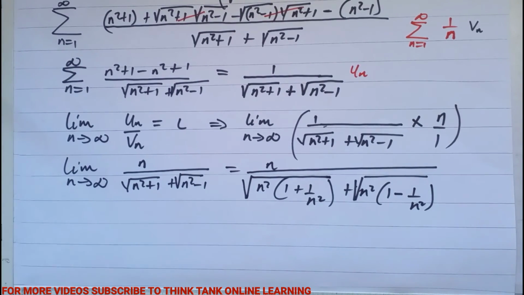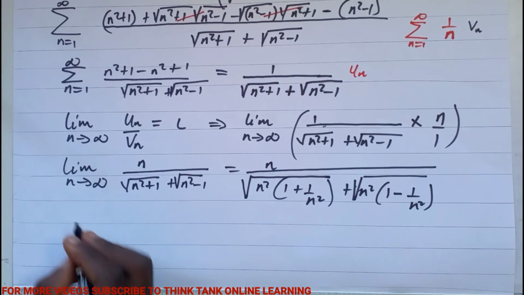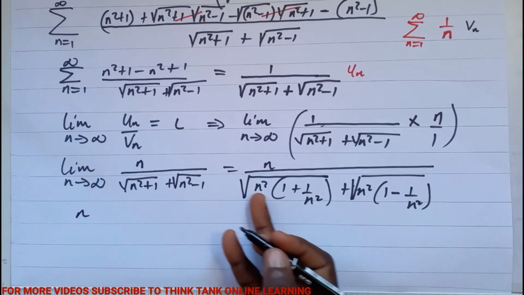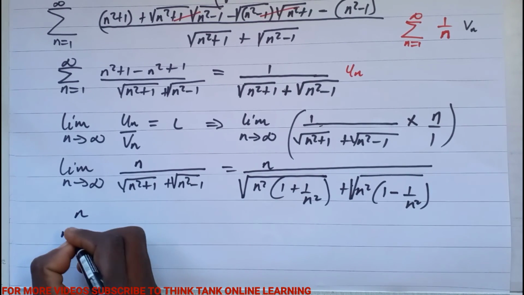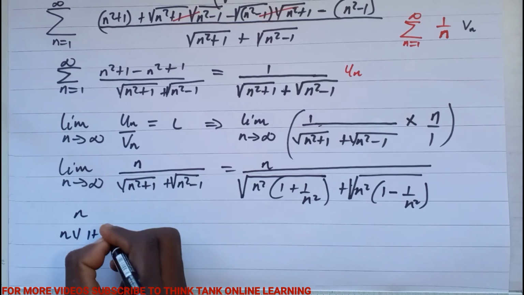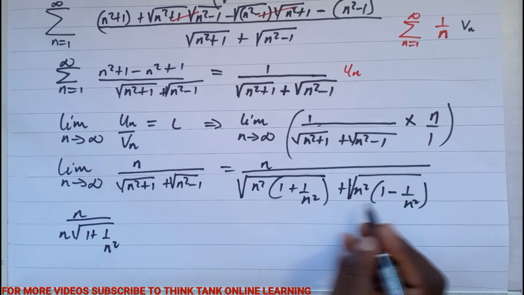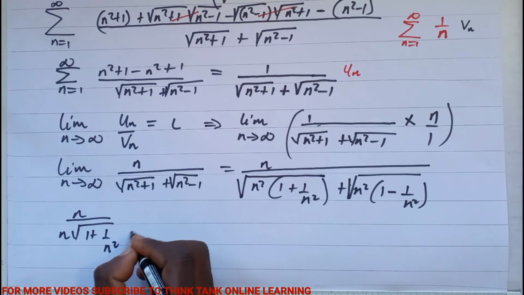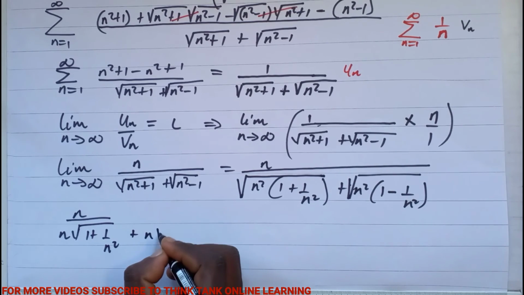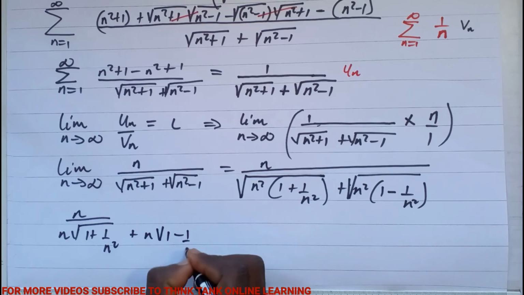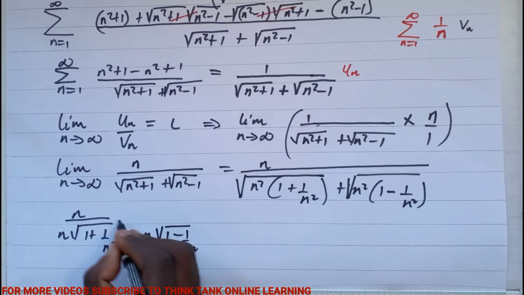Okay, so what I'm going to do, I'm going to factor out n here: n root 1 plus 1 over n squared plus n root 1 minus 1 over n squared.